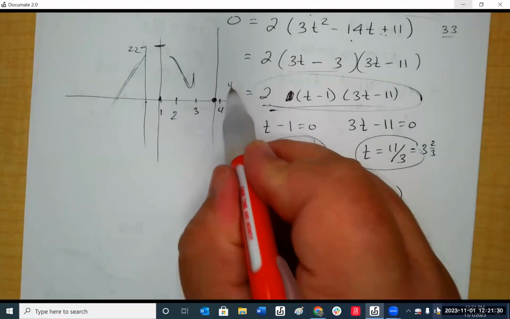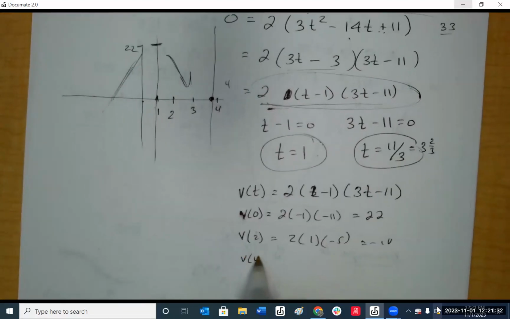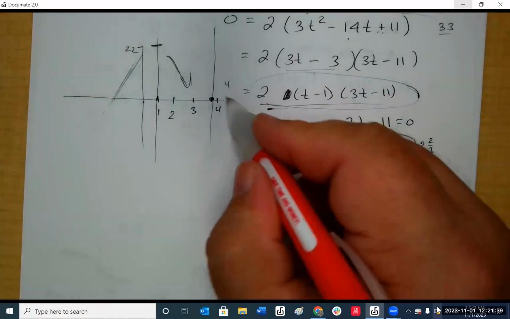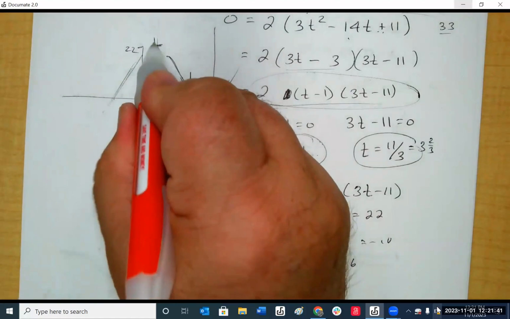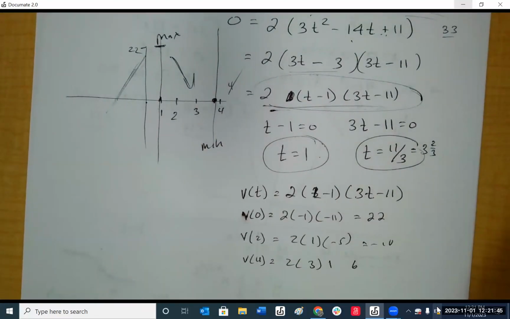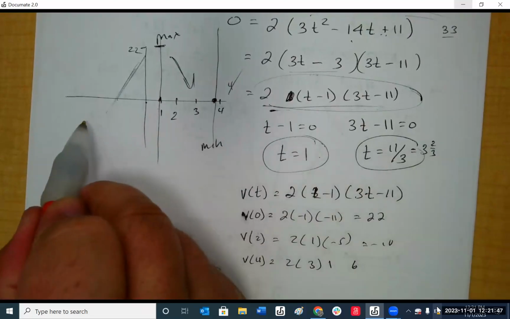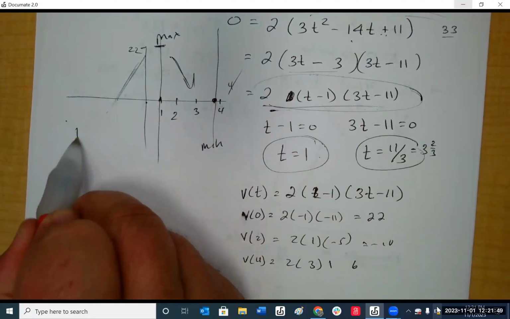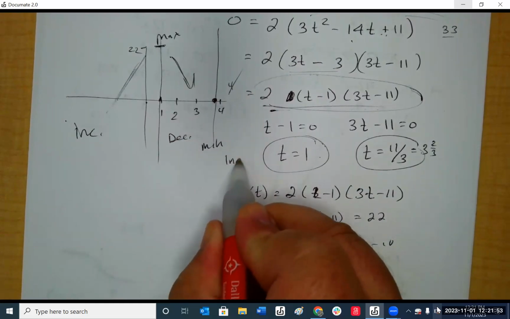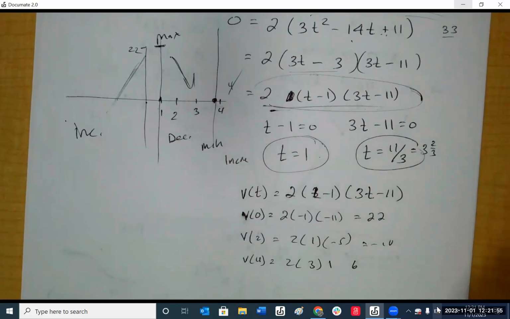And at 4, it's 6. So we have a max here and a min here. So it's increasing, decreasing, and increasing again. That's the velocity.